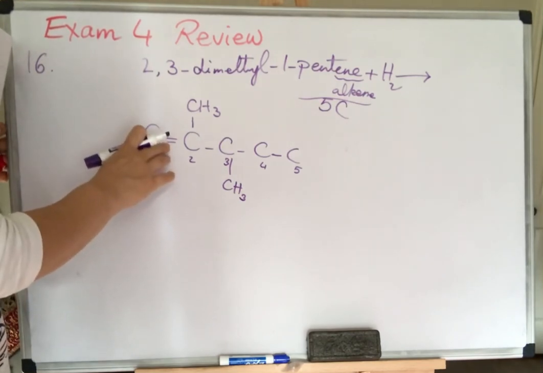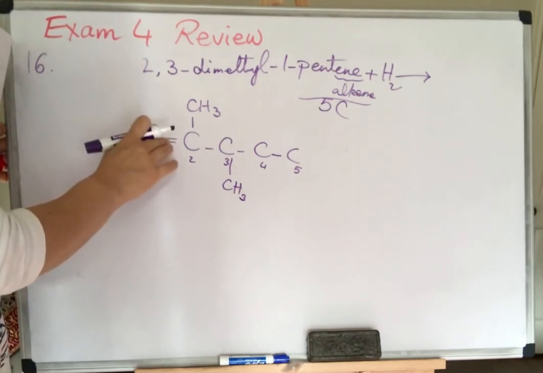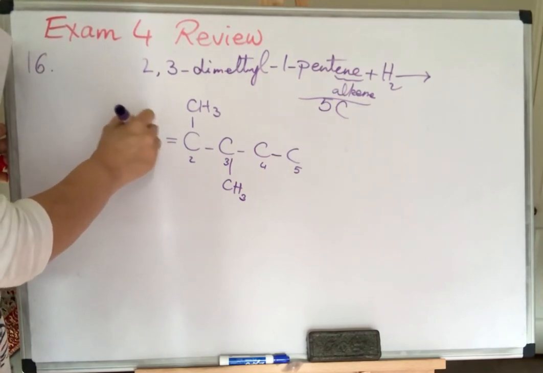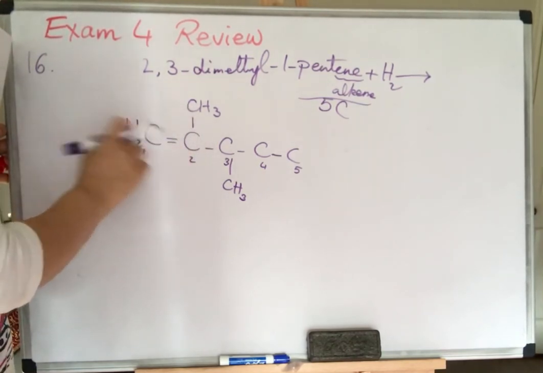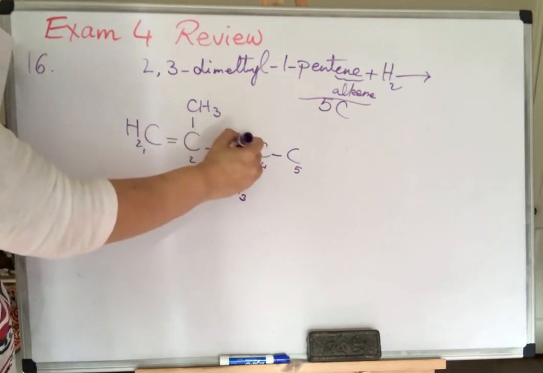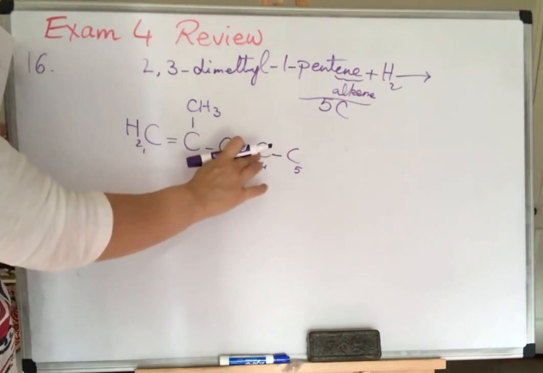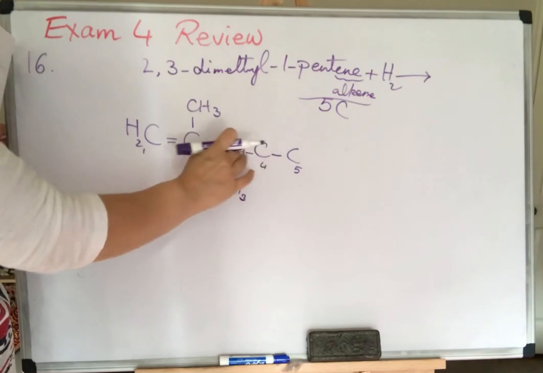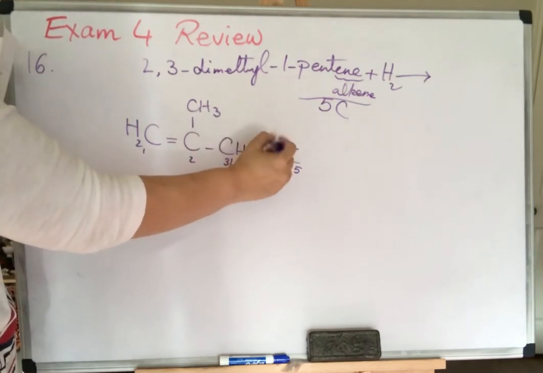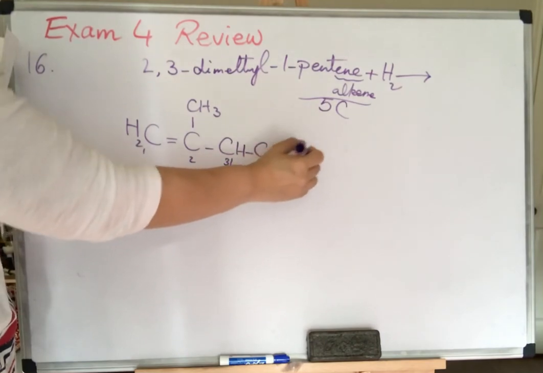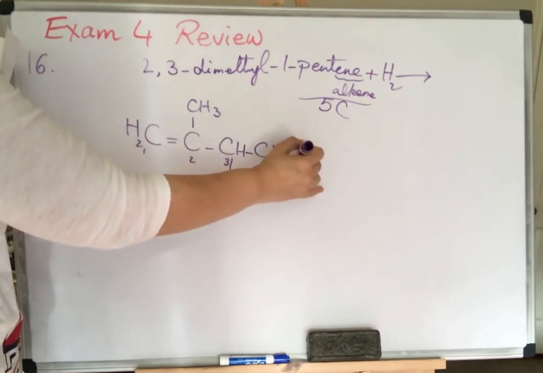So out of 4 bonds, you have 2 bonds on this carbon. You need 2 hydrogens, we show it here, CH2. 4 bonds are complete here. 3 bonds, so we need a hydrogen here. And here this carbon you have 2 bonds, so you need 2 hydrogens, and here you need 3 hydrogens.